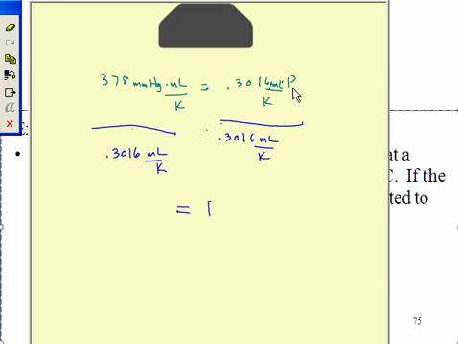Okay, so on the right-hand side of my equation, this term and that term cancel out, and then on this side of the equation, my milliliters and Kelvin cancel out, and the units I'm left with are millimeters of mercury, which are pressure units.